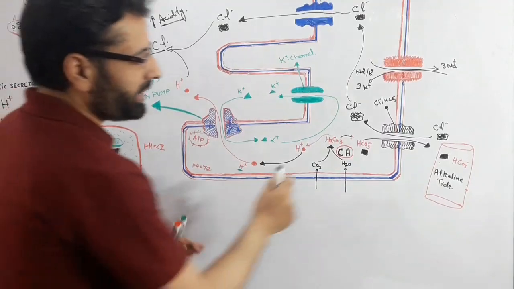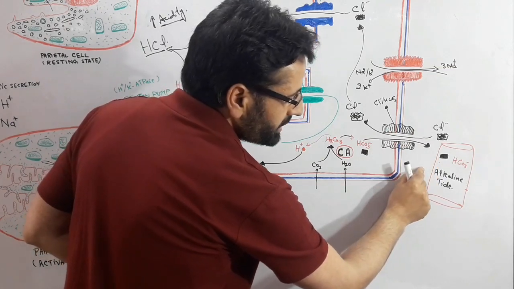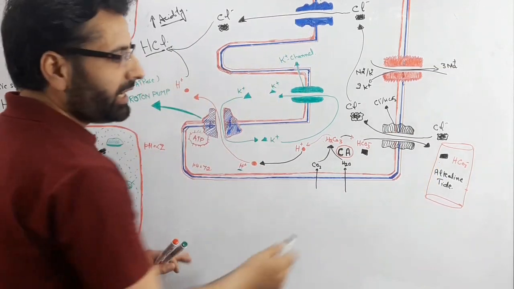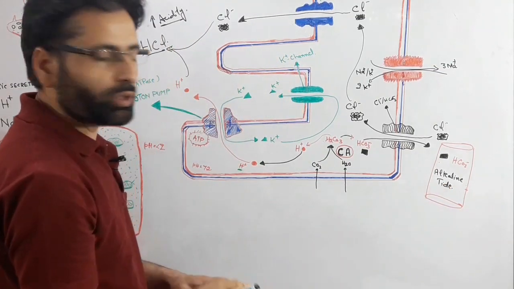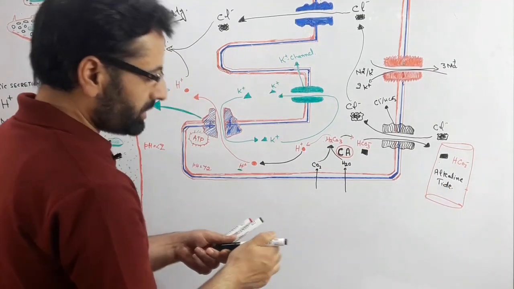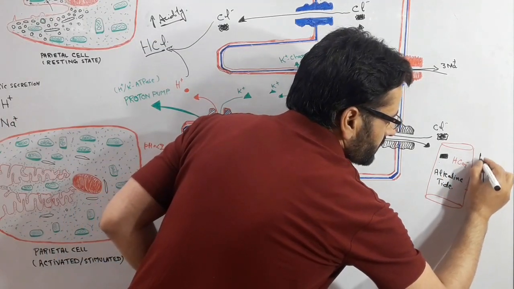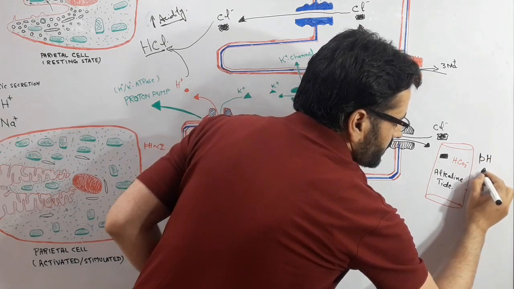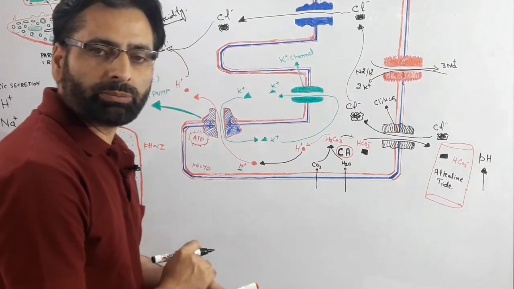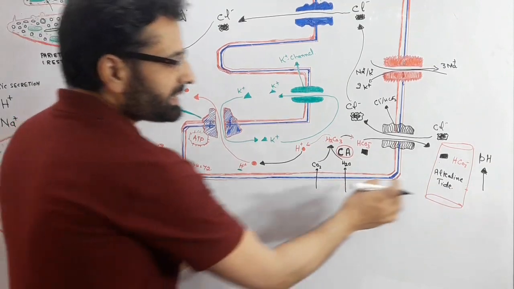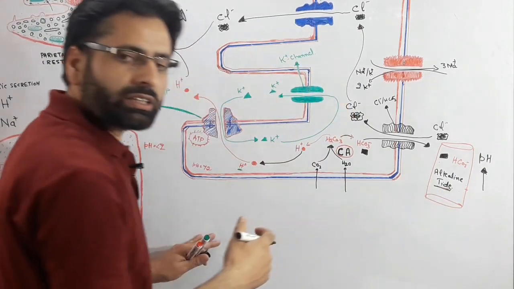Another important point is that when this bicarbonate gets transferred from the cytoplasmic side towards the external side, it causes an increase in the alkalinity of the blood, or you can say we observe an increase in the pH. The pH of the blood is increased, and so is its alkalinity. This condition is called the alkaline tide. This occurs in the blood.